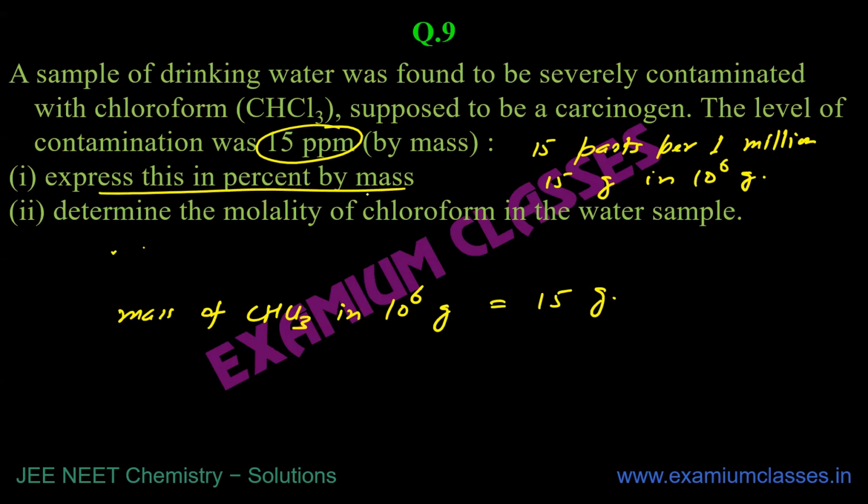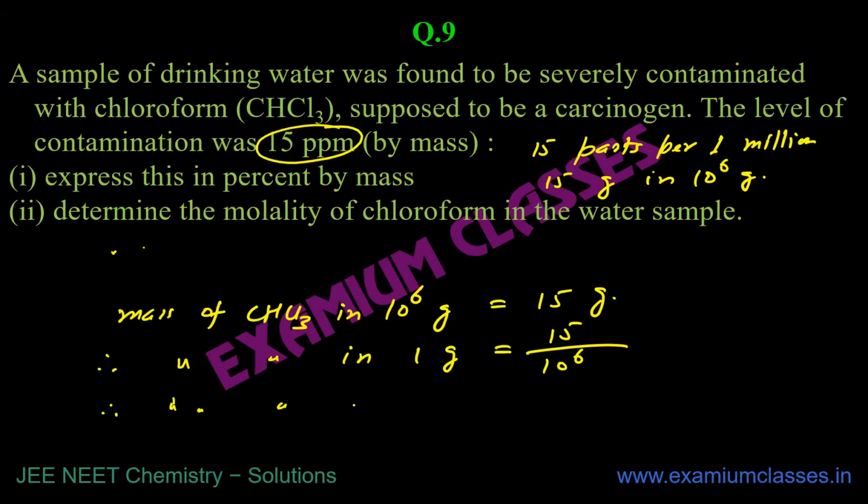So express this in percent, meaning instead of 10 power 6, get it in 100 grams. That will be the mass percent. Apply the unitary method. Hence, mass of CHCl3 in 1 gram is 15 divided by 10 power 6. I'm just applying the unitary method, nothing else.